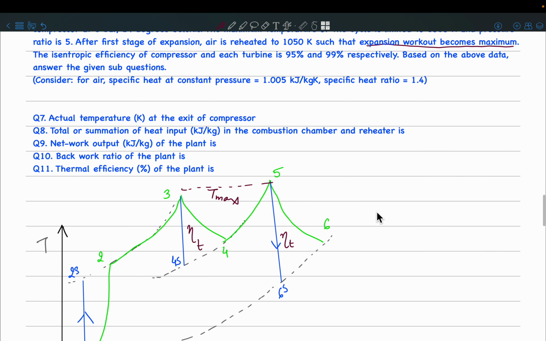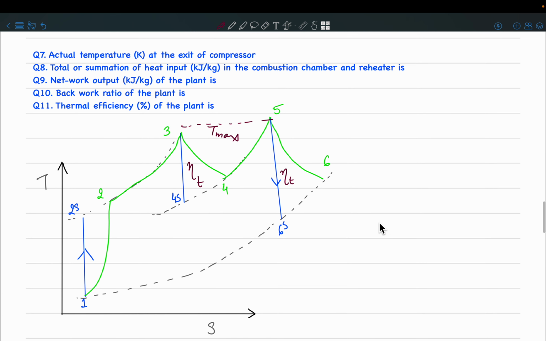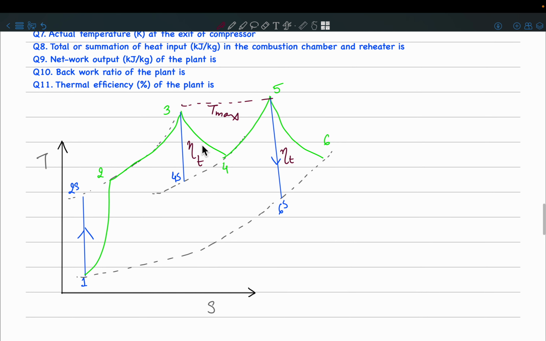I would not like to assume that still, because see what happens is, say for example you have the same efficiency, right? So 3 to 4s would be the same drop, right? And then from 4s, if you are raising it to the same temperature and then allowing expansion, then the temperature that you would reach would be the same. That is what we are saying.